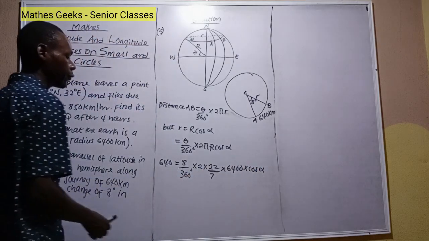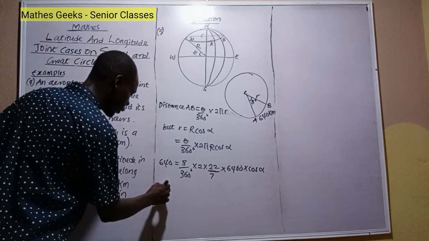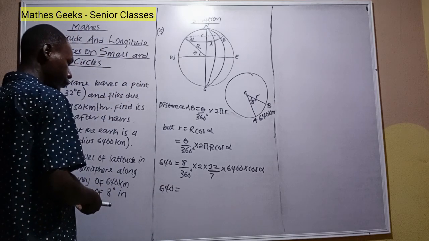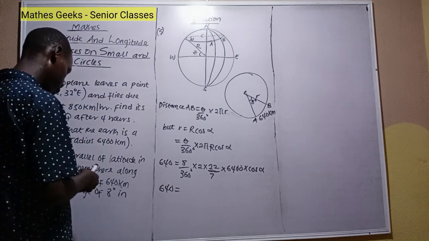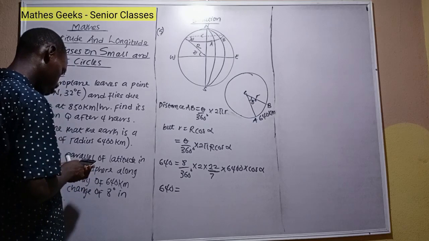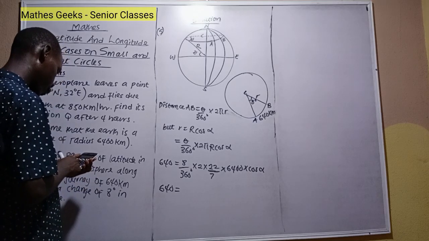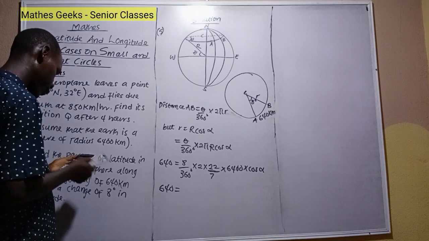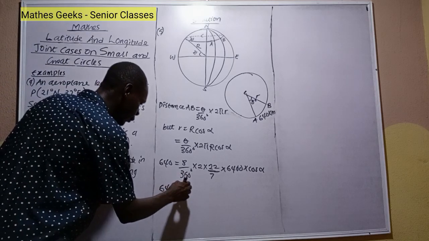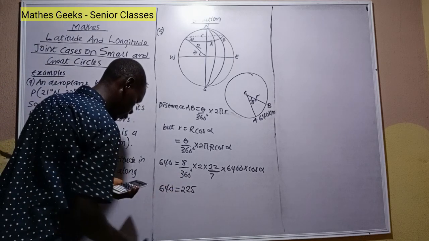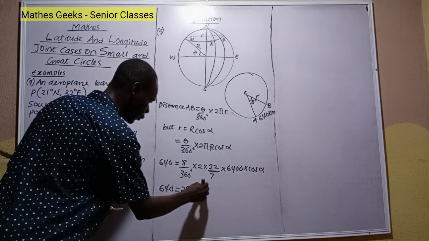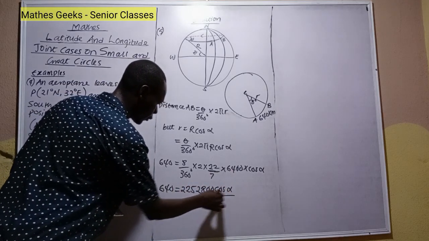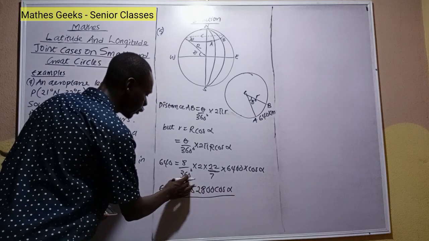That's what you're looking for. So 640 is equal to 8 times 2 times 22 times 6,400, which is 2800 cos alpha, divided by 360 degrees times 7, which is 2520.